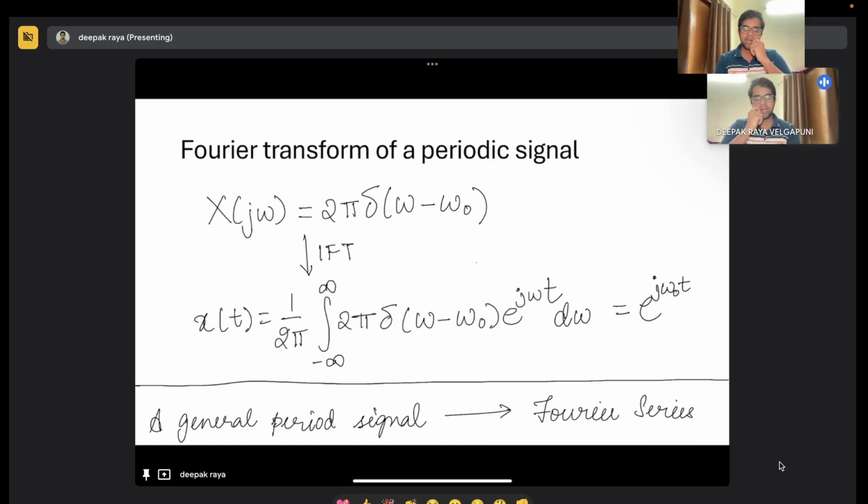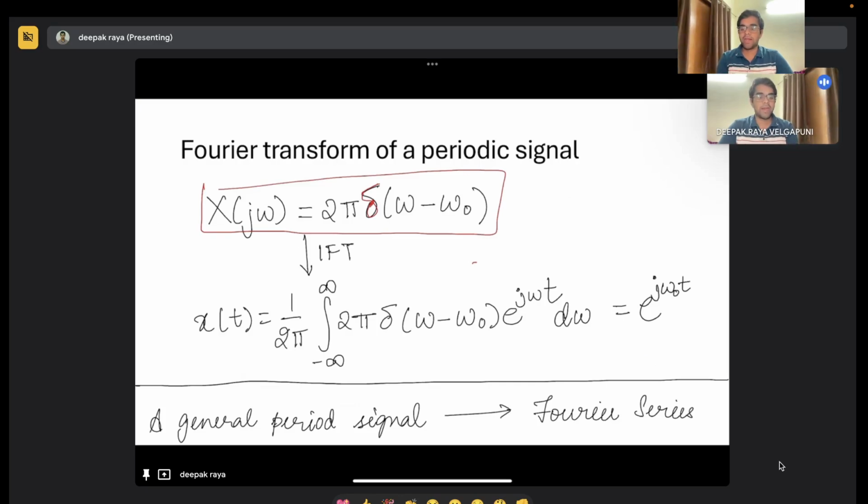So if I ask what is the Fourier transform of a sinusoid, how do you say it? For that there is a reverse trick. Let's take a signal with a Dirac delta here. This is a Dirac delta function. Let's say X of j omega is this one. What does this say?